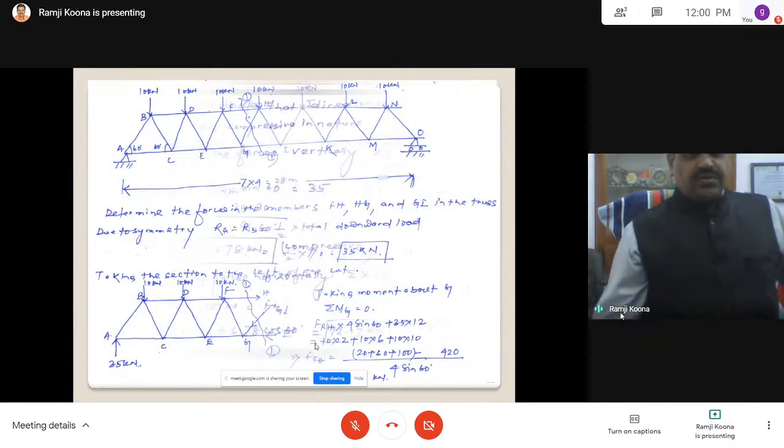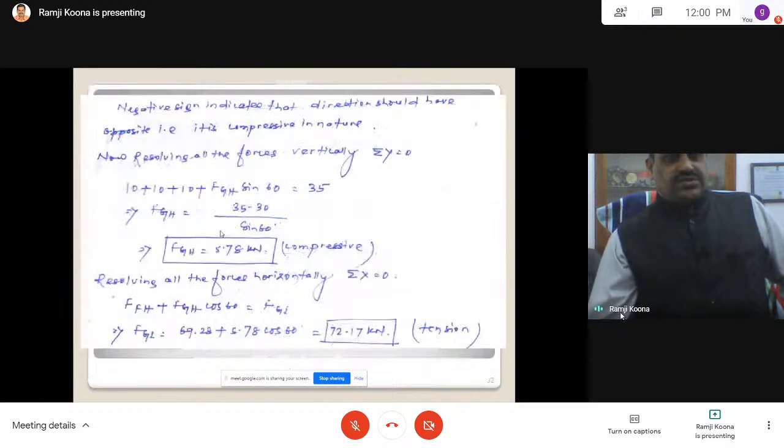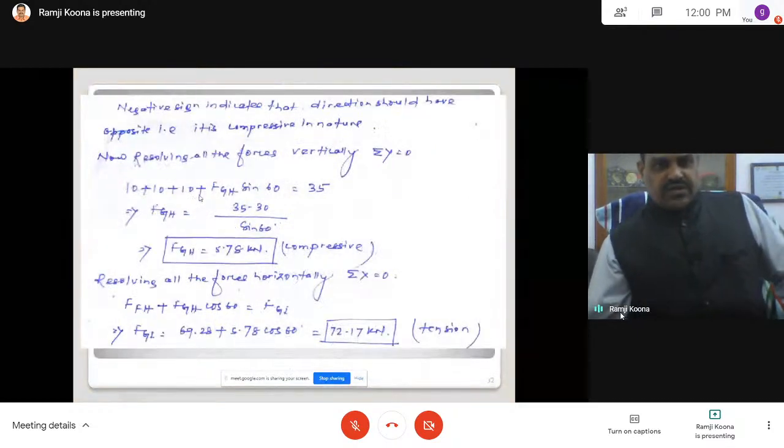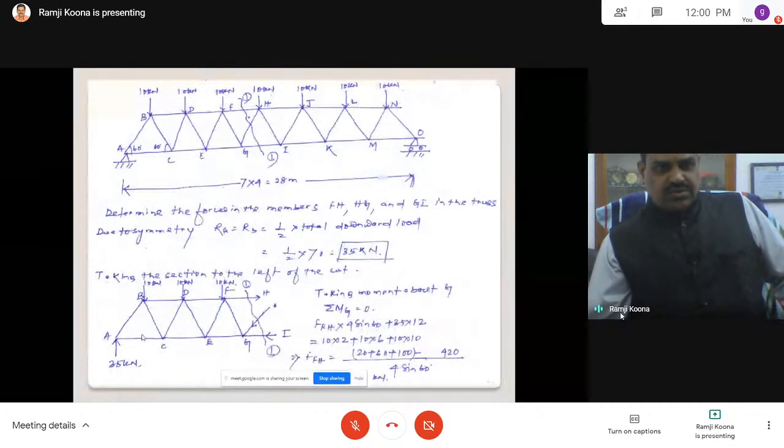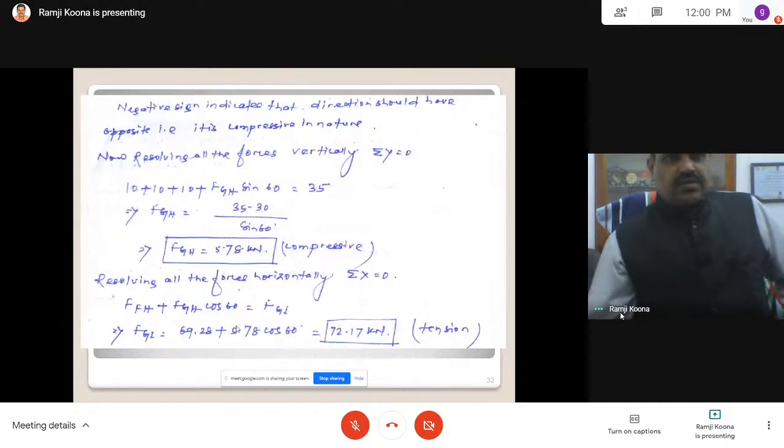Now use the summation of vertical forces. The vertical forces are 1, 2, 3. This is a horizontal force, this is a horizontal force, so only the vertical components will give this value. This is FGH; if this angle is given, FGH sine of this, plus the 3 loads, if you equate, gives GH.